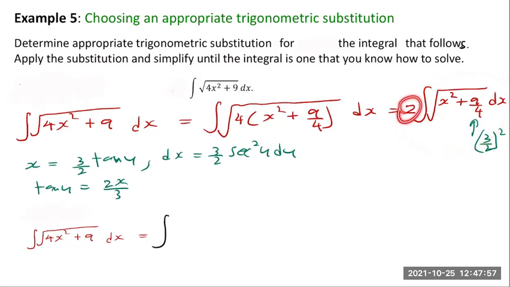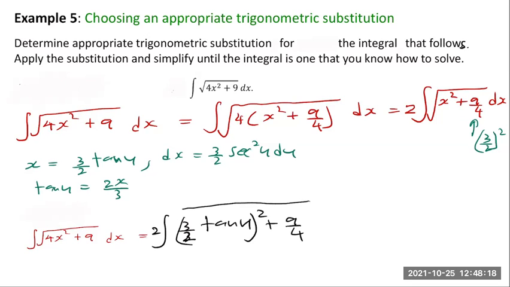Now you have a 2 in front. Let me put that 2 here. X squared, that is 3 over 2 tan squared u, that is 3 over 2 times tan u, whole thing squared, plus 9 over 4. Don't forget the square root sign. Times dx. Your dx is 3 over 2 times secant squared u du. So that's what we need to deal with.